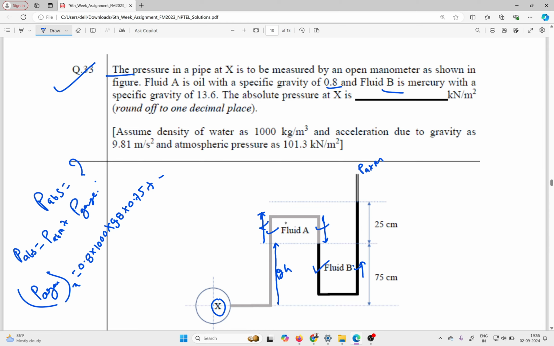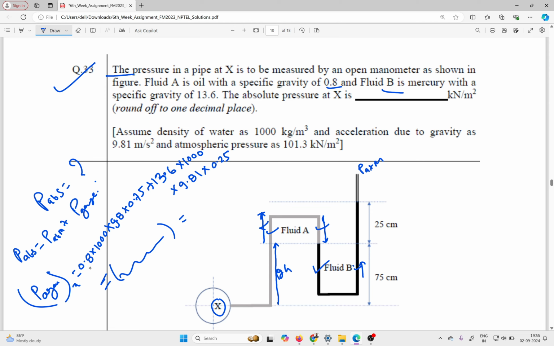So rho for what? This is mercury. So 13.6 into 1000, rho g, 9.81, into h, which is 0.25. This is gas. Whatever it comes to, you just need to calculate it, and you need the answer in kilonewton.